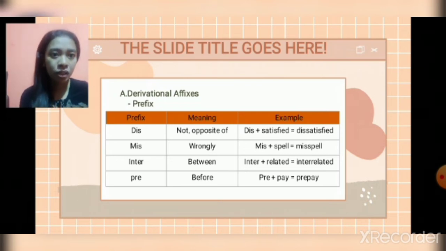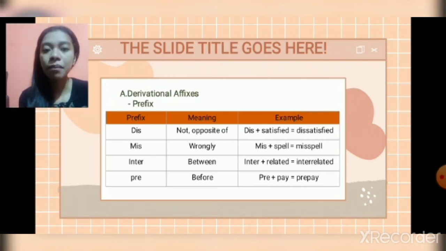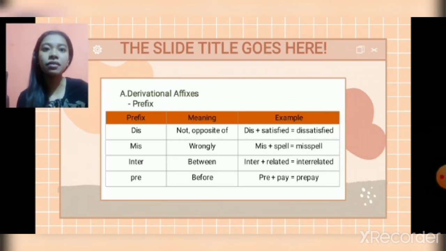For example, the prefix dis plus the word satisfied becomes dissatisfied. The words dis and satisfied have different meanings, but when we combine them in one word, it also produces a new meaning. For the other examples, you can see them on the screen yourself.